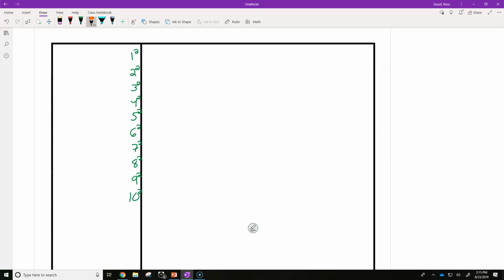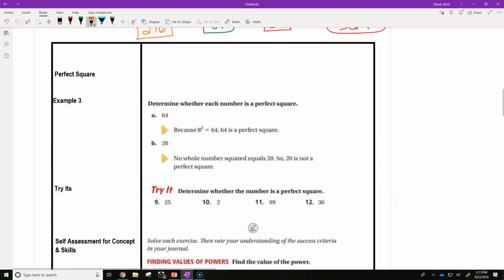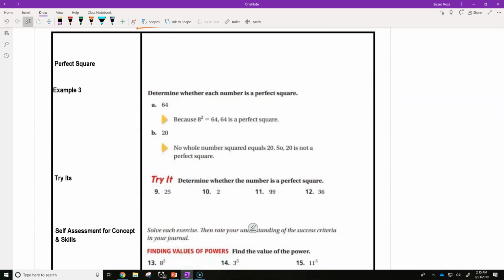Now, we are talking about a perfect square. Okay? Now, I'm going to scroll back up to notes while you're writing. And it said a perfect square. Determine if a number is a perfect square. To be a perfect square, you have to have two numbers multiplied by each other to give you that given number. So like when they ask about, is 64 a perfect square?